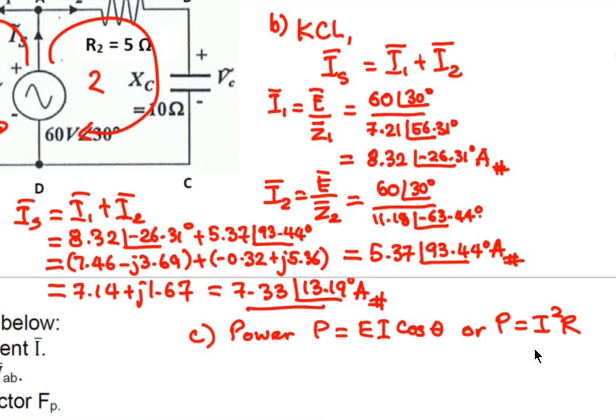P equals E, which is 60, times current 7.33, cosine of the angle, which is 30 degrees minus 13.19.